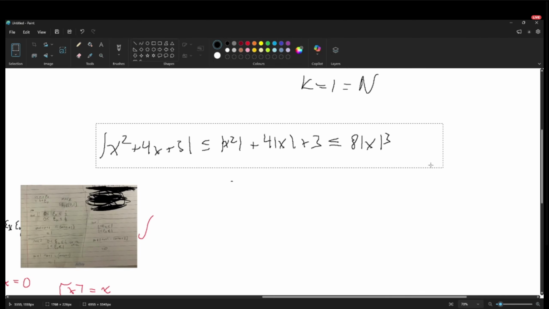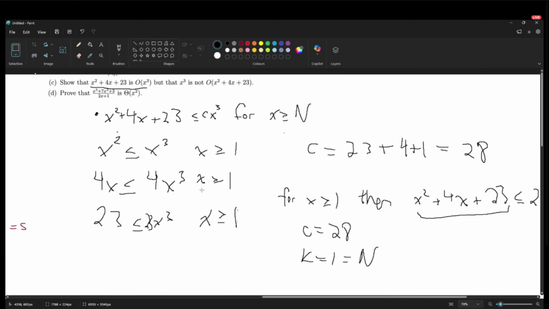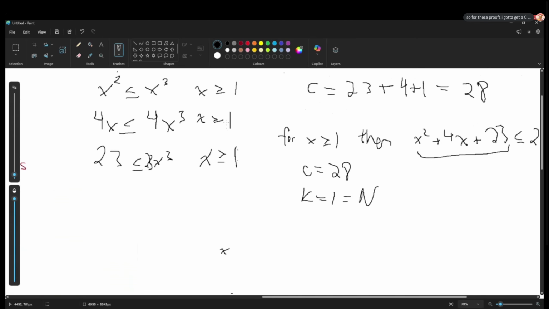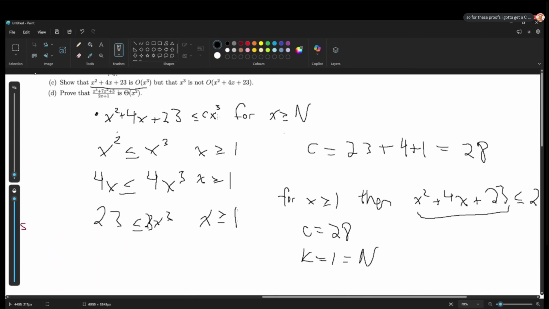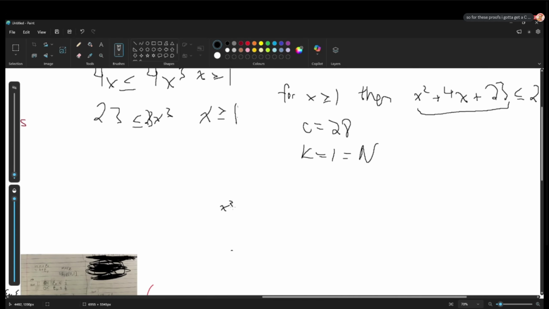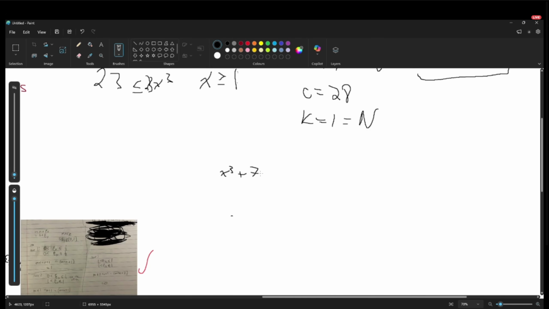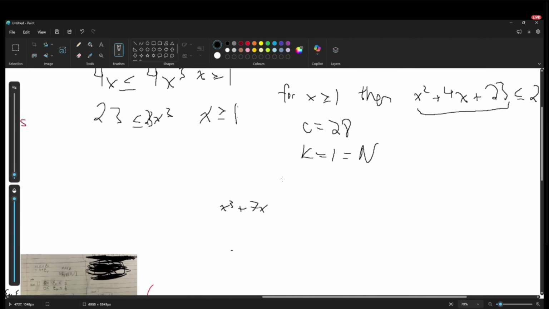So we have to prove that this x cubed guy is not. You have to use a c and k value, but usually you can just use k equals 1, like in this case, and just follow the steps for polynomials at least, because polynomials are easier to work with.